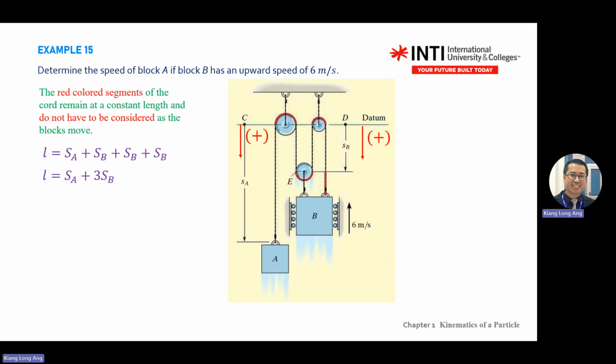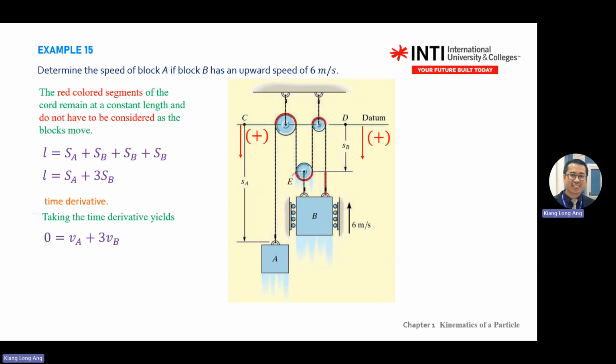Once you find the L, the next step is to find the velocity. You know position to velocity: velocity equals ds/dt. So take this one and differentiate with time. You know that the total length doesn't change, so 0 equals, S becomes V. Rearrange the equation.